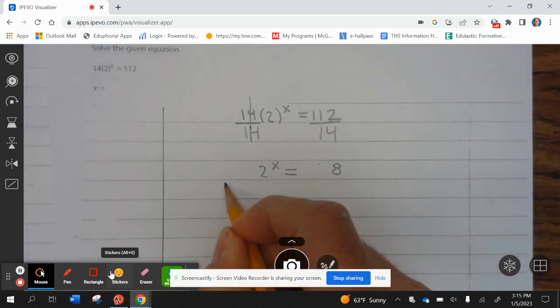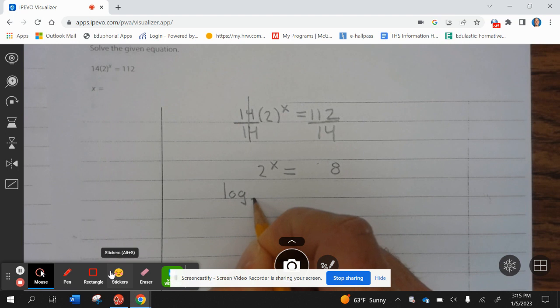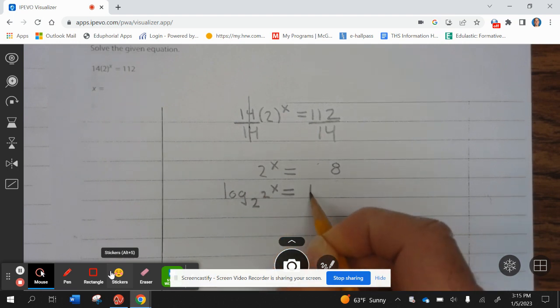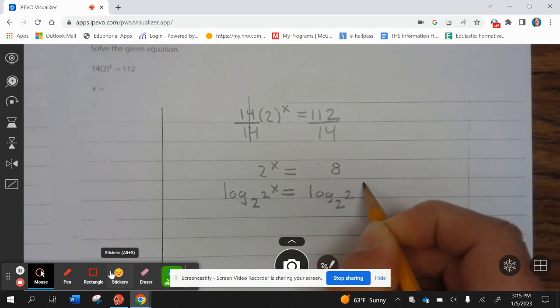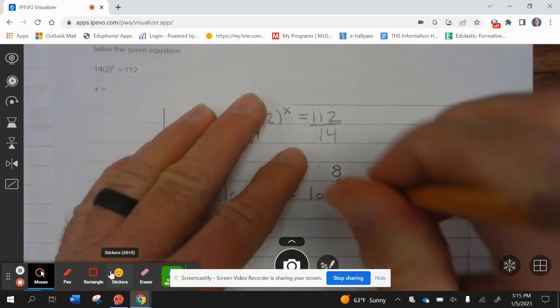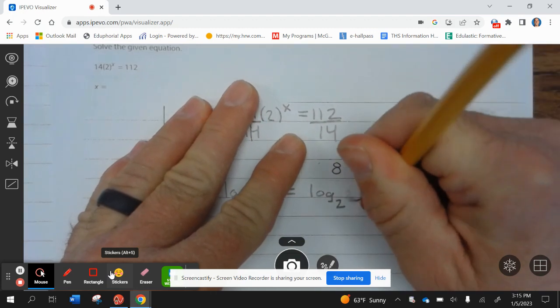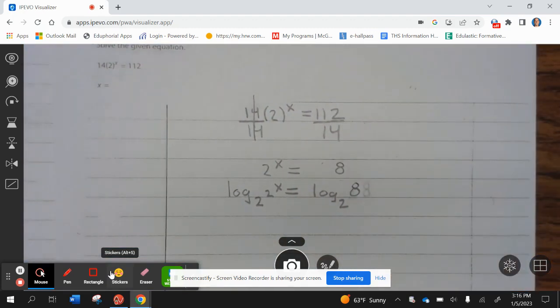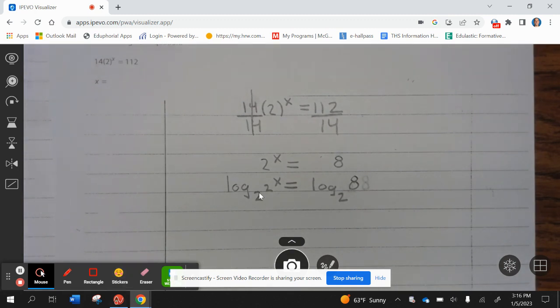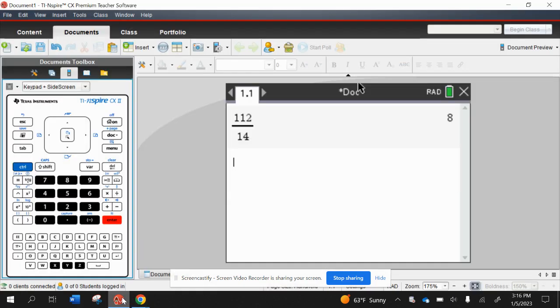All right, so now we do log base 2 of both sides. Log base 2 of 8. To understand what's happening here, let me use the calculator real quick.